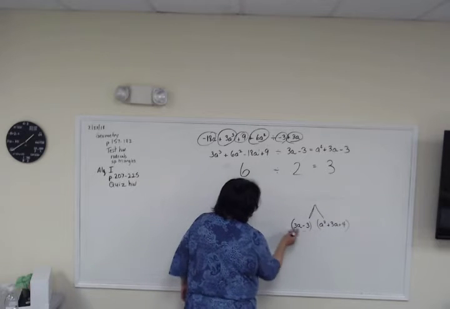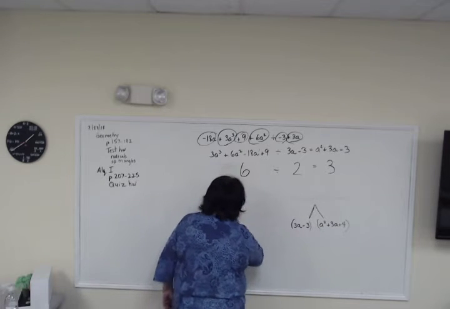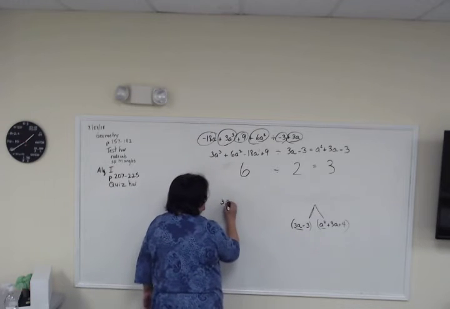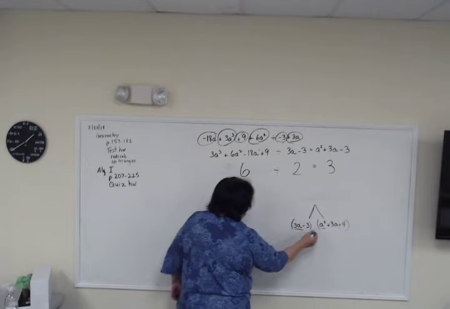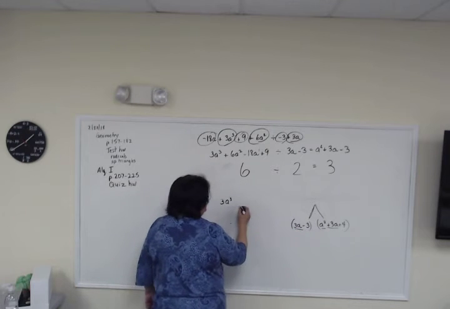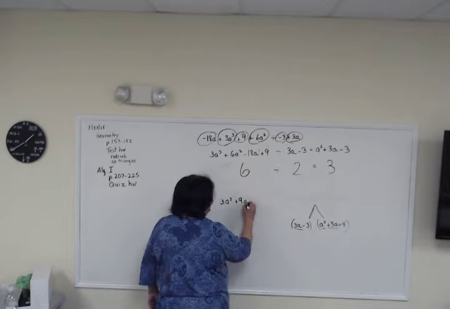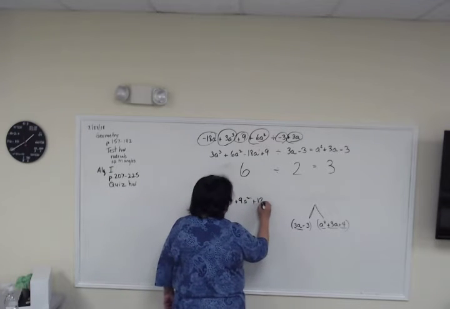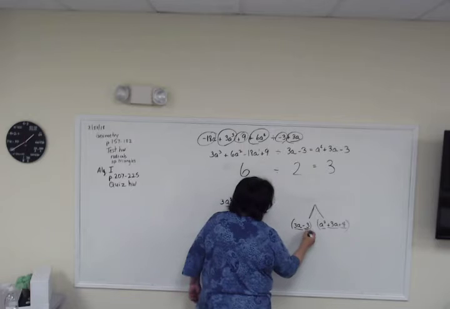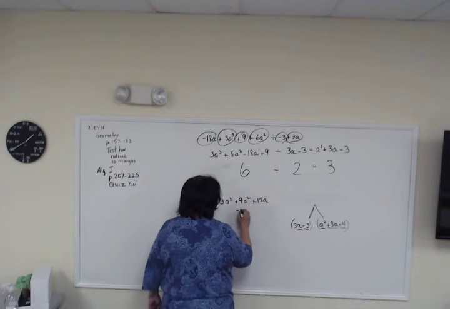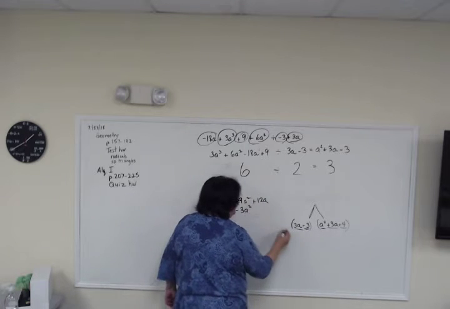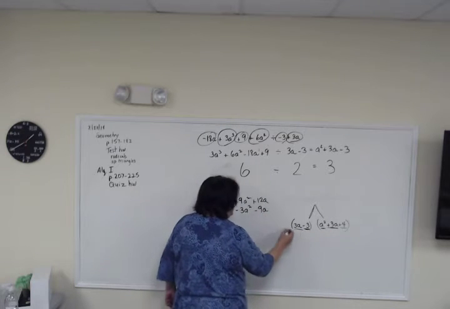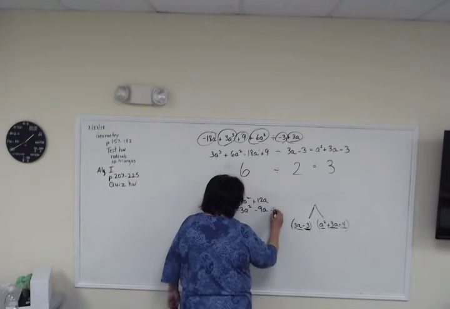If we multiply this times this, let me do it over here, 3a times a squared would be 3a cubed. 3a times positive 3a would be positive 9a squared. 3a times positive 4 would be positive 12a. Then negative 3 times a squared would be negative 3a squared. Negative 3 times 3a would be negative 9a. And then negative 3 times 4 would be negative 12.